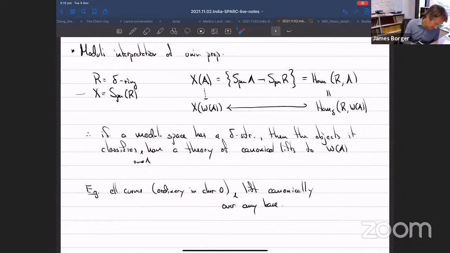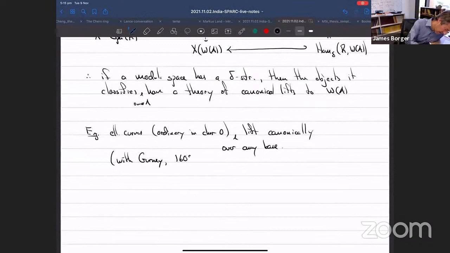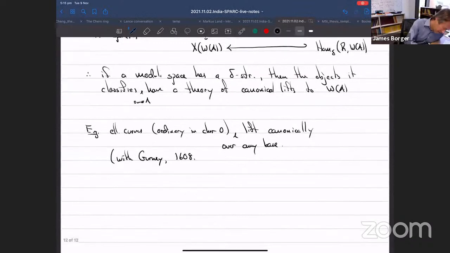Maybe I'll give a citation here. This is a paper I wrote with Lance Gurney, and the arXiv number is this.